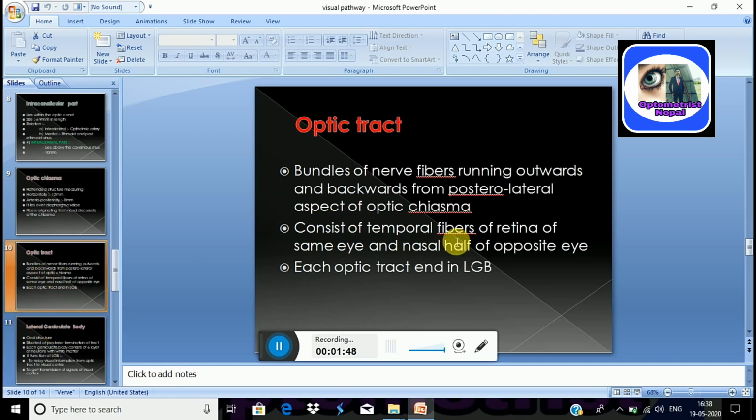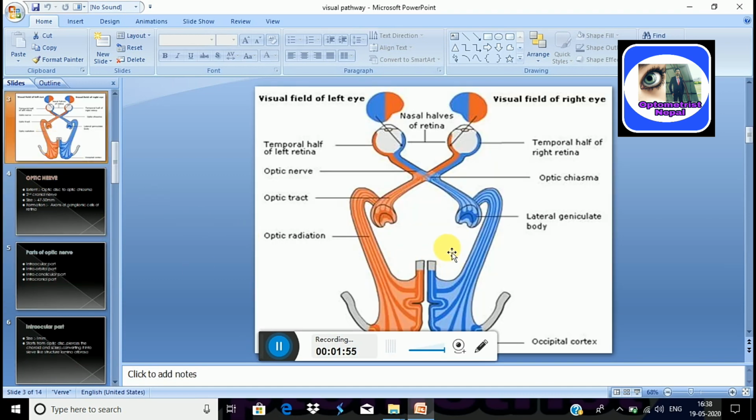Each optic tract ends in the lateral geniculate body. Yes, look here, this optic tract ends on the lateral geniculate body.